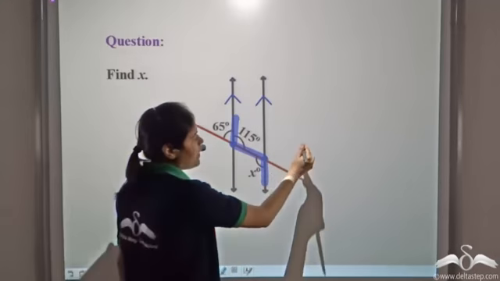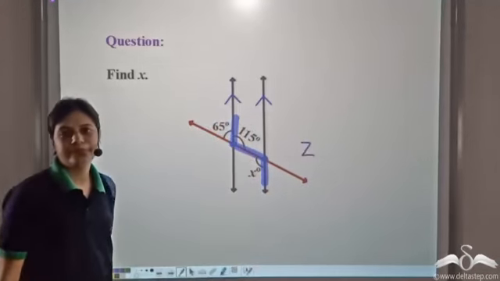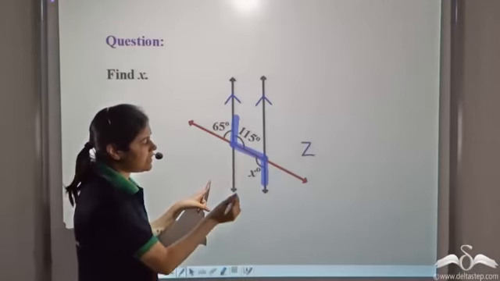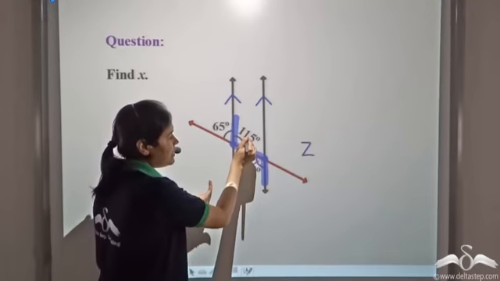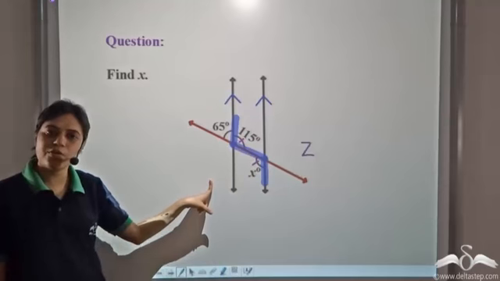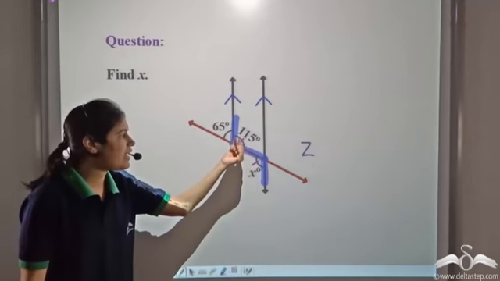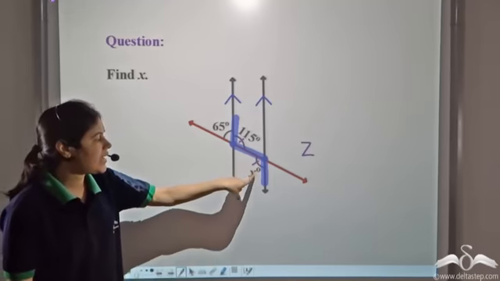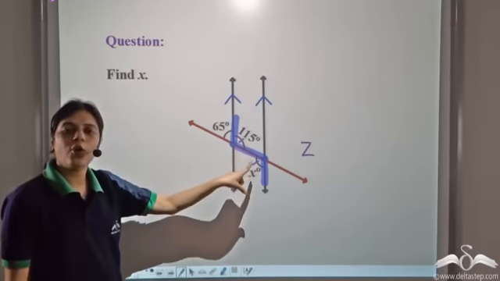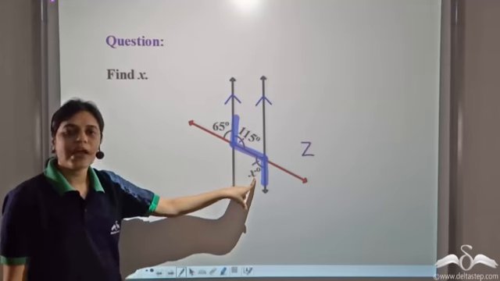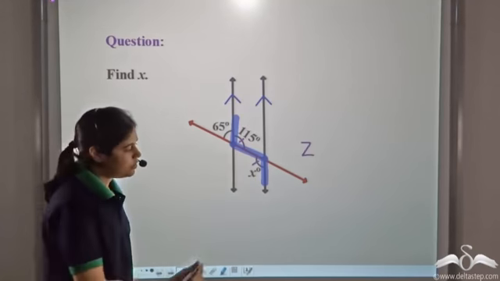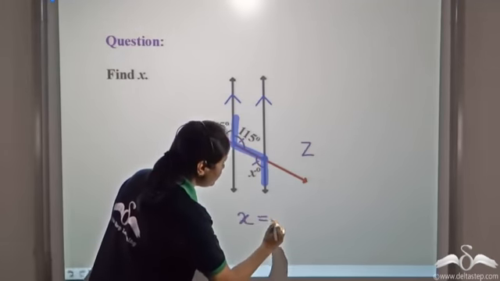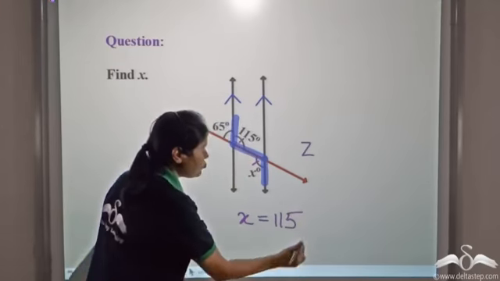This means that angle X and this angle are equal, because these are the angles contained in this pattern. So I can say that X and this are the alternate interior angles and they are equal. So X is equal to 115.